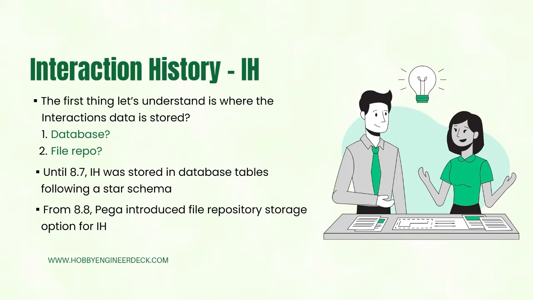Now from Pega 8.8, Pega introduced a file repository storage option for IH. That means it has given an option not only to store the data in the database tables, but we can also store it in the file repository. And starting from 24.2 or 25, I think the default option for interaction history is a file repository, not the database table.